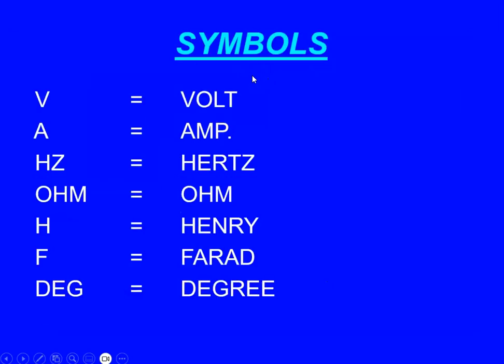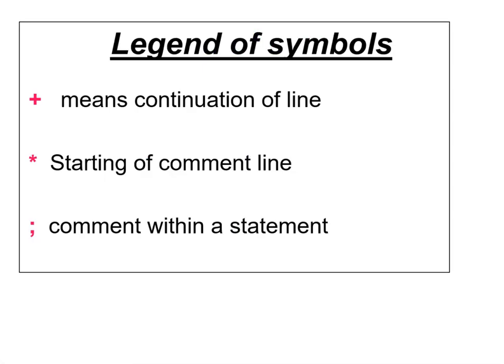Then the different symbols which we can use in a SPICE model are: for voltage, VOLT; for current, AMP; for frequency, HERTZ; for resistance, OHM; H for Henry, F for farad, and DEG for degree. Some special characters which we can use in our program are: plus, which means continuation of a line; star, the starting of a comment line; and semicolon, a comment within a statement.